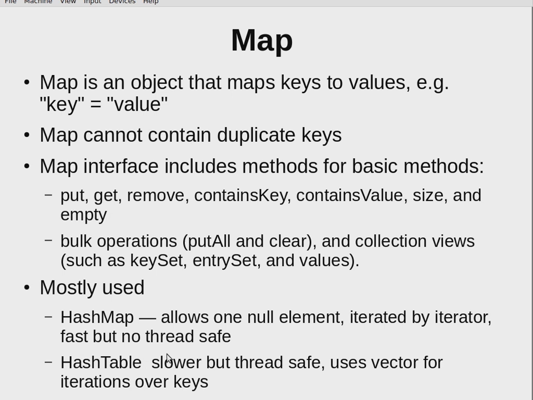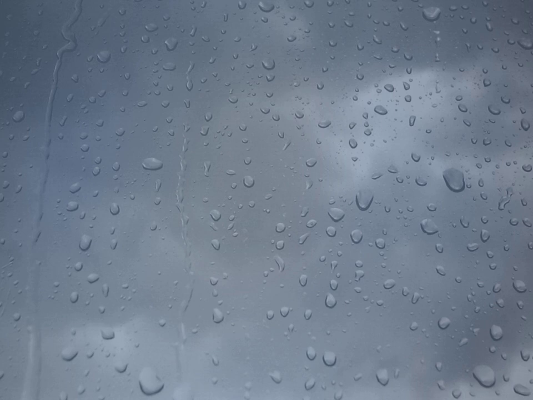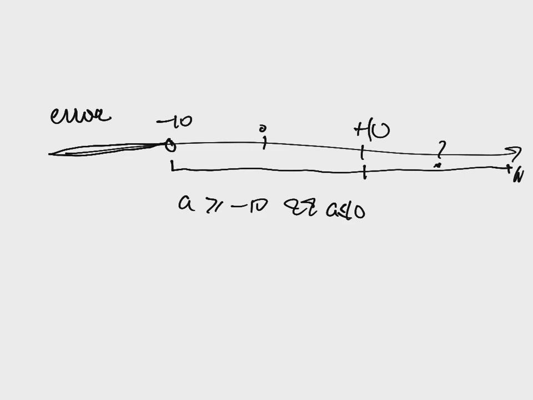We will talk about synchronization in detail later. So you use it if you want to access the same collection or map, in this case, from concurrent threads. And hash is a specific function which takes any arbitrary input.